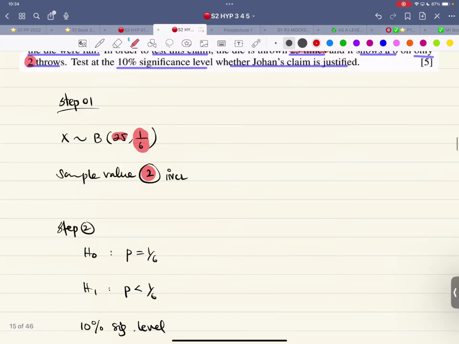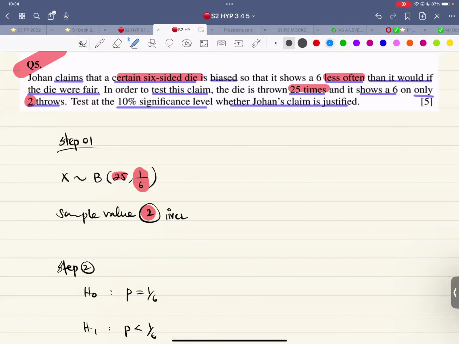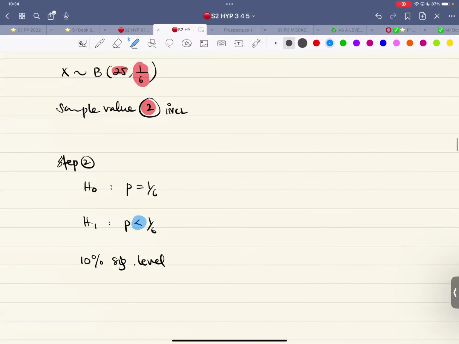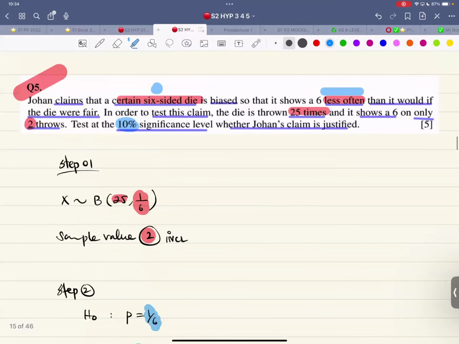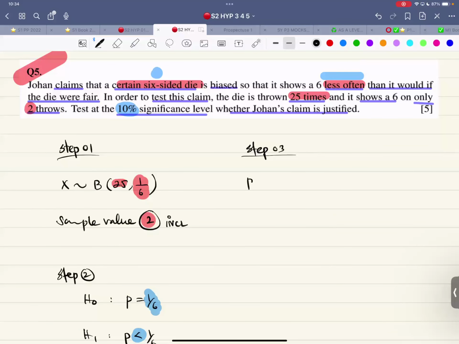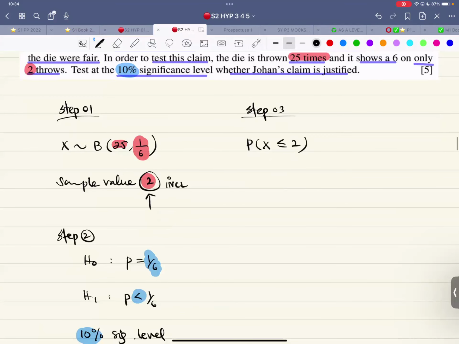So now again, we are using this 10%. The probability of 6 is used, and less often is used over here. And this 1/6 is used. Step number 3. This is about the working. Probability X is lesser than or equal to 2. We would start with the sample value. We will go in the lower tail direction.